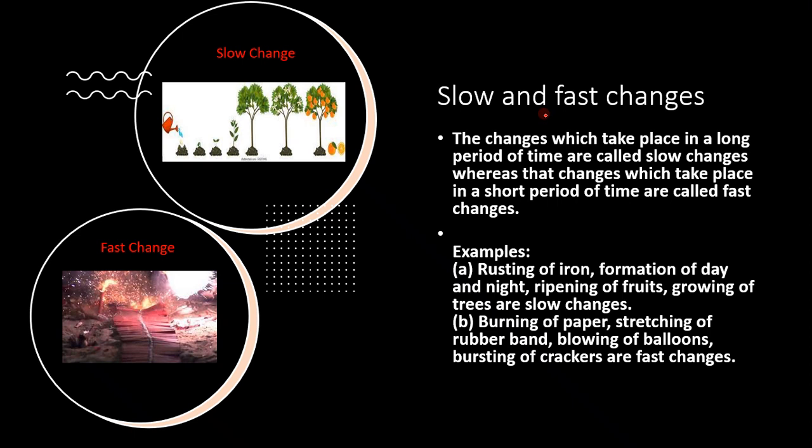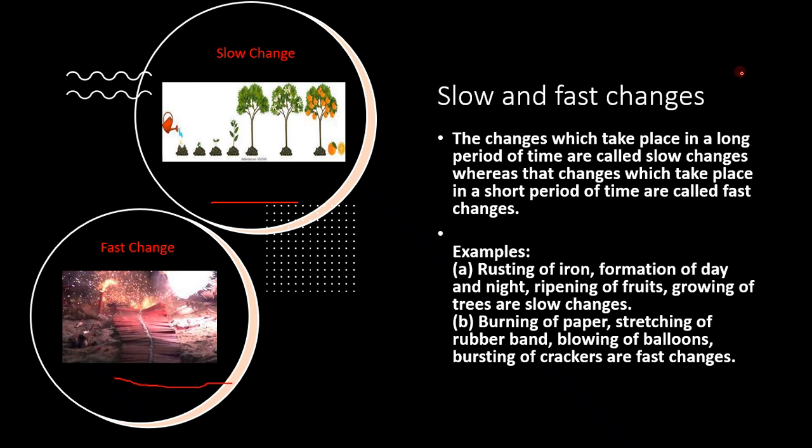Burning of paper, stretching of a rubber band, blowing of balloons, bursting of crackers are fast changes. Even if I'm changing this PPT slide, it's also a fast change. That's called fast changes and slow changes.